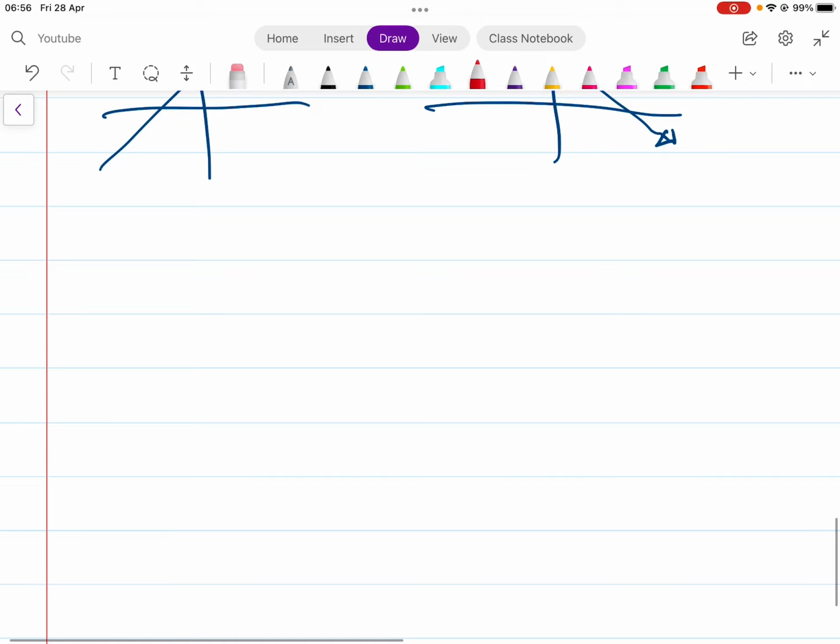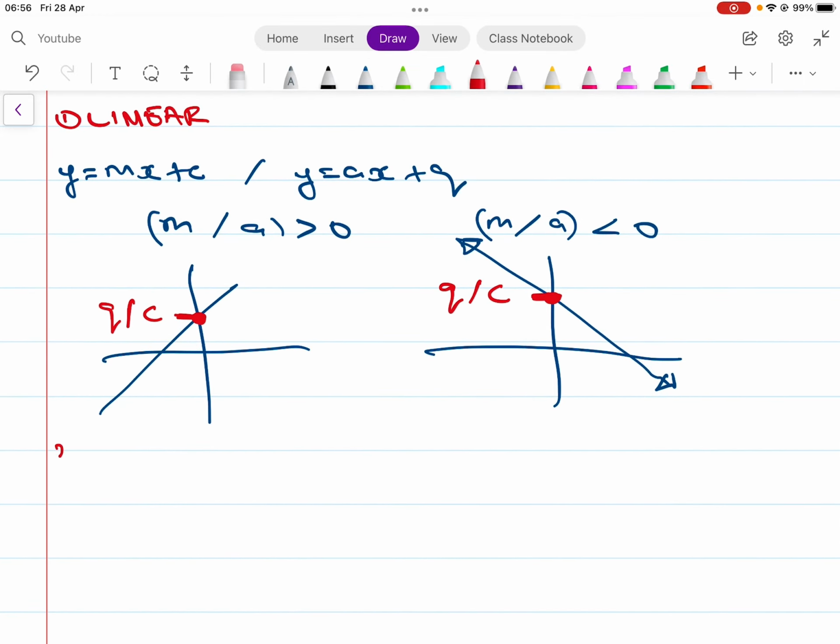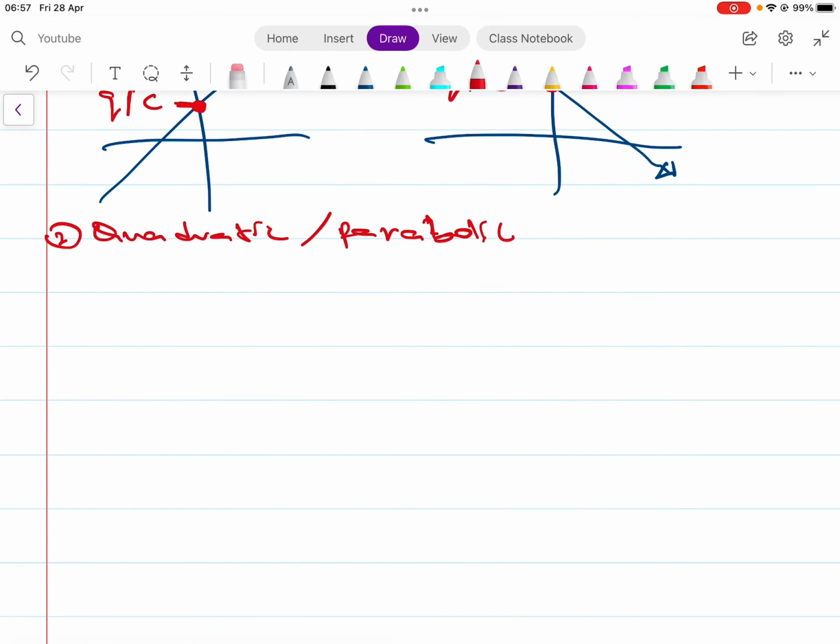The second type of function that we look at is the quadratic or parabolic function. With quadratic and parabolic functions, the equations that you have are y equals ax squared plus bx plus c.